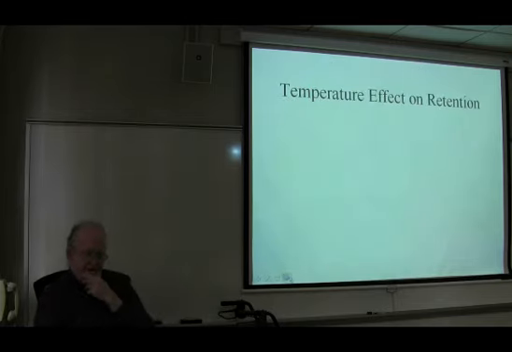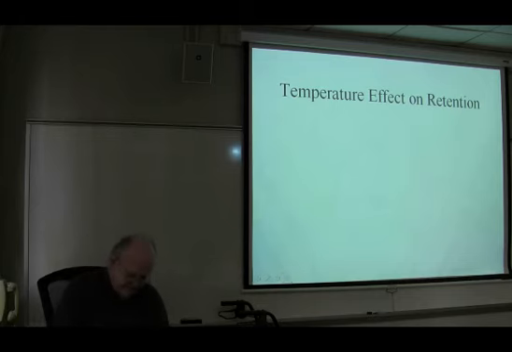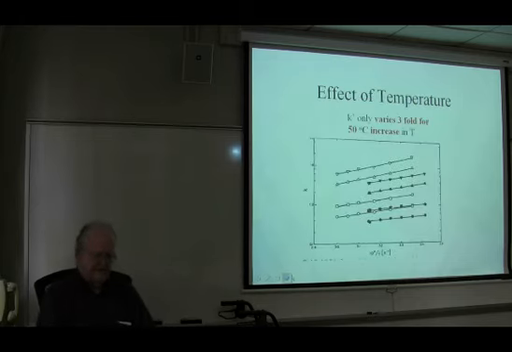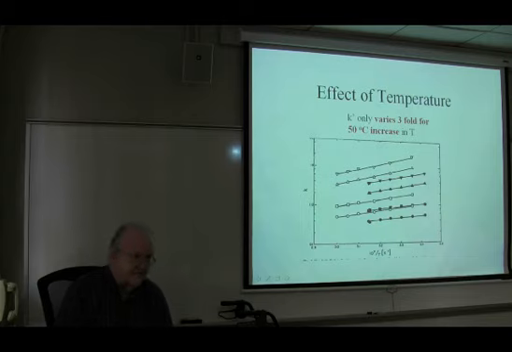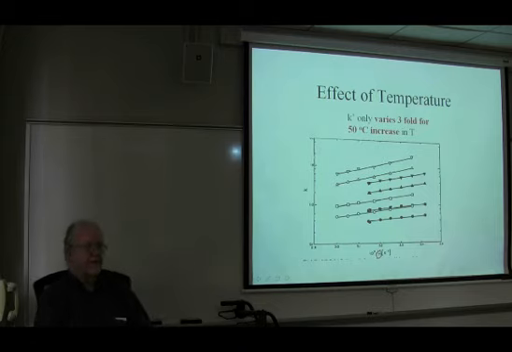Okay, moving on. Temperature effect on retention. This is a log scale. So this is effectively a plot of the logarithm of K, the retention factor, versus 1 over T. So this is a Van 't Hoff plot.